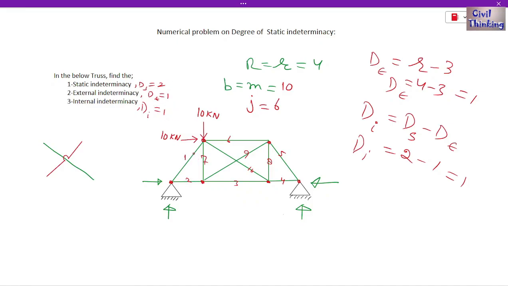It means this truss is indeterminate, right? So how can we convert this into determinate? The values will tell us everything, the external, internal. Now we will talk about that.